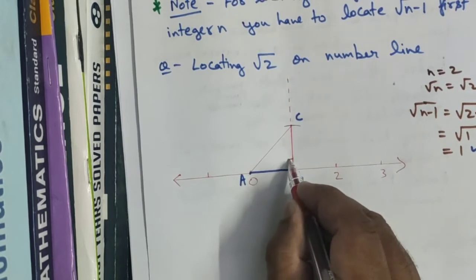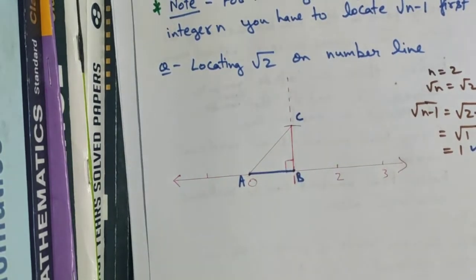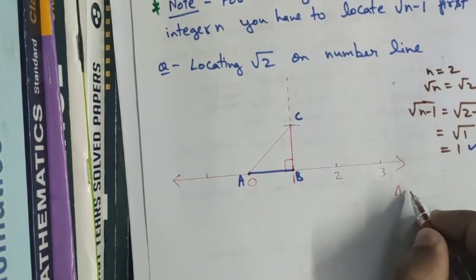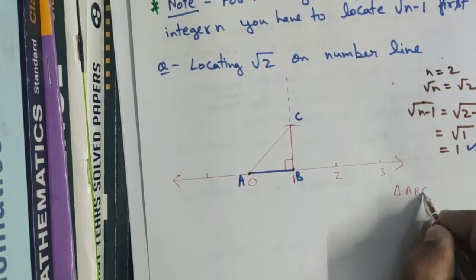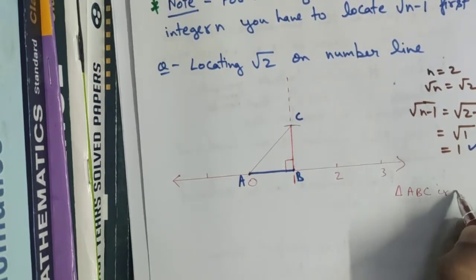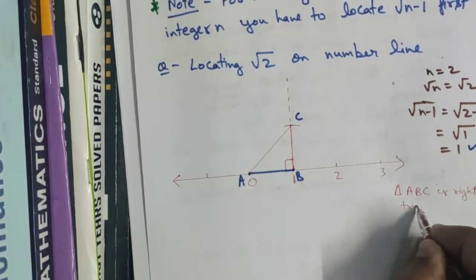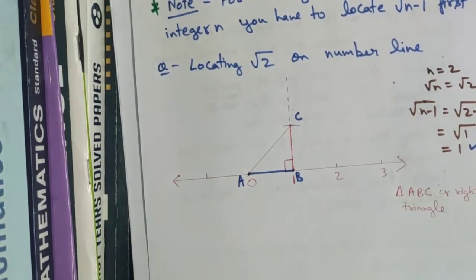Since we have drawn BC as perpendicular, triangle ABC is a right triangle.